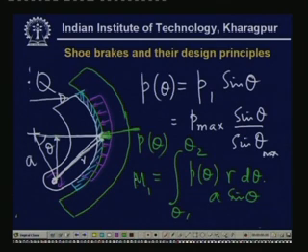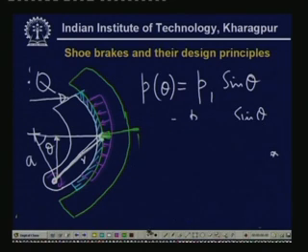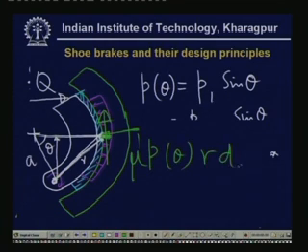The net moment due to the friction force can be found out if we consider this friction force. So this friction force here is P theta times mu and r d theta.